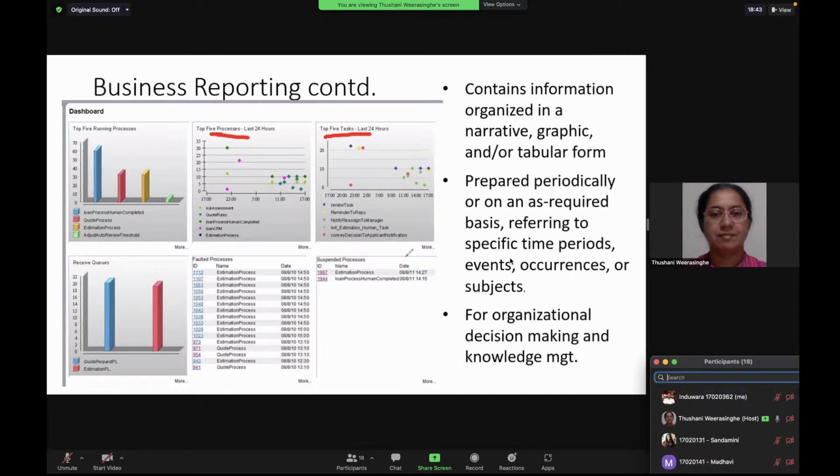Depending on the particular person's requirement, he should be able to add things to his dashboard. So when you prepare dashboards, these kinds of features should be there. He should be able to customize his own interface, and maybe personalize it as well. He can add whatever he wants, pick and add them, and have them there in his dashboard.